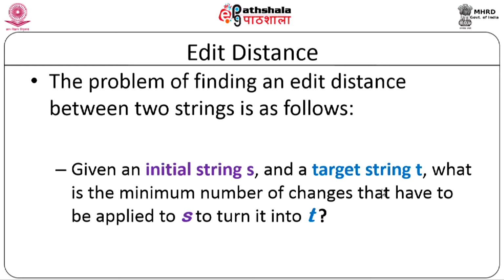Therefore, we are going to approach this problem using the dynamic programming approach, and this problem is also known as approximate string matching. Given 2 strings S and T, we have to say what is the minimum number of changes that we have to make so that the initial string S turns to T. This is what we call the approximate string matching problem or ADT distance problem.